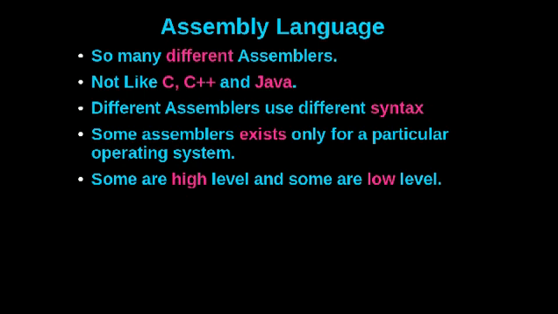Some assemblers exist only for a particular operating system, and that's true. Some of them are for Windows, some for Unix, some for more than one, but it's going to be complicated to configure. Why? Think of it. We were talking about system calls.